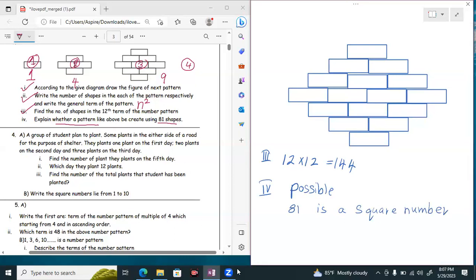Any answer, okay? Or you can show that 9 into 9 equals 81. That means you can obtain this value by multiplying a particular number by itself. Okay, yes, your answers are correct. That's how you can explain.